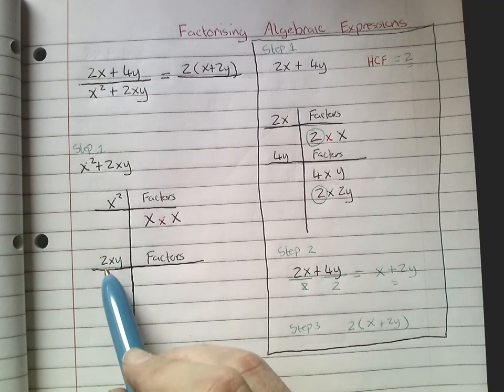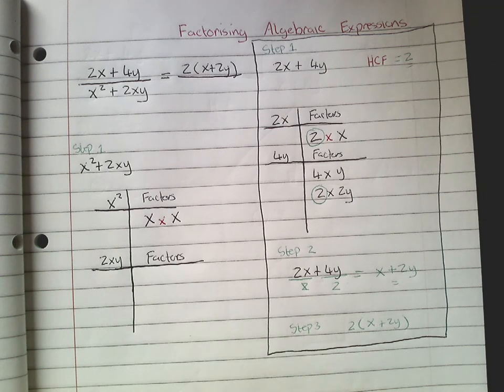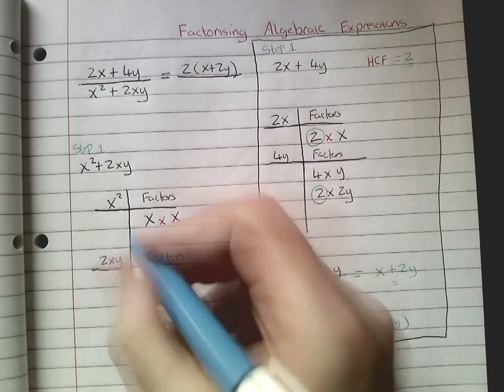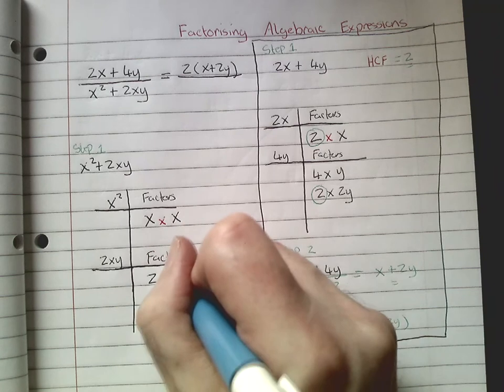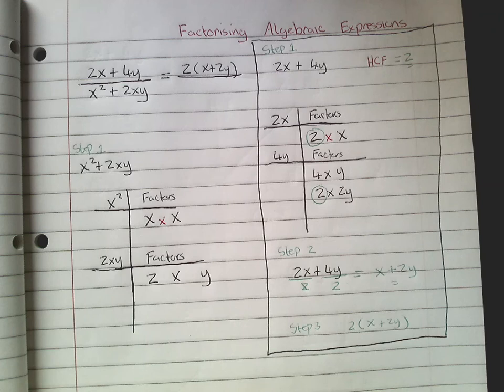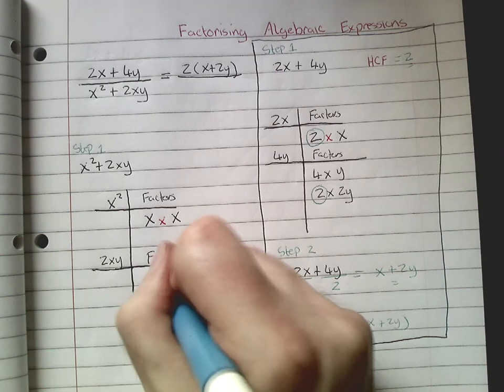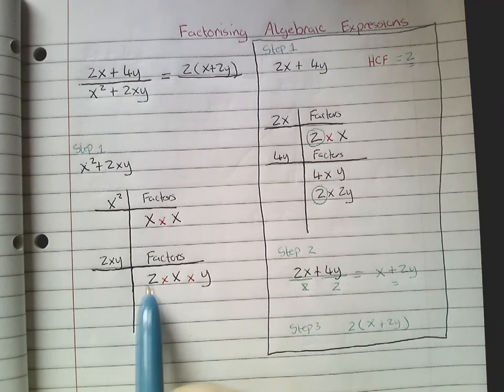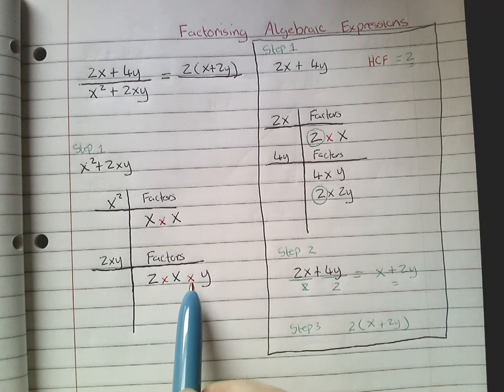The factors for 2xy are going to be 2 multiplied by x multiplied by y. Okay, and I'll do multiplication in red. So it's 2 multiplied by x multiplied by y.